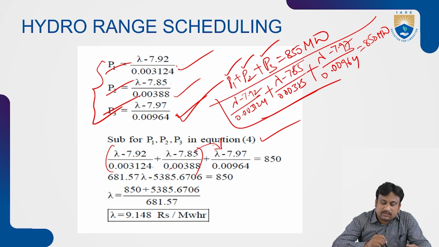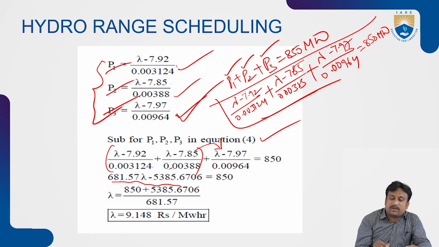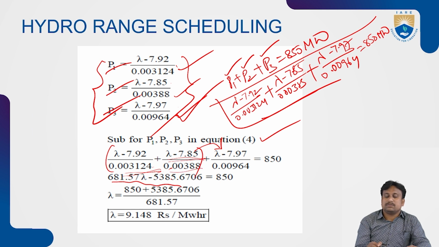After solving and adding these three sets, lambda minus 7.92 by 0.003124 plus lambda minus 7.85 by 0.00388 plus lambda minus 7.97 by 0.00964, which equals 850 megawatts, you get the expression 681.57 lambda minus 5385.6706, which equals 850.